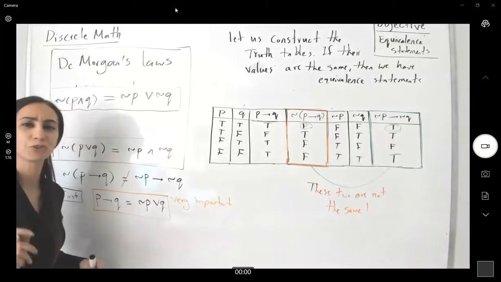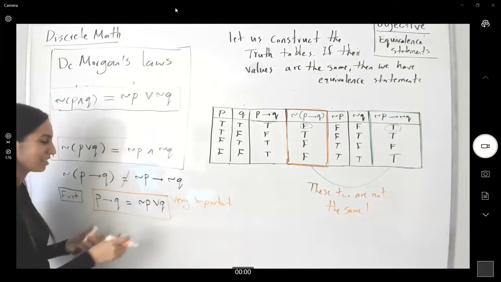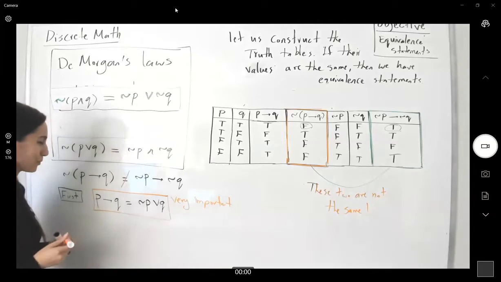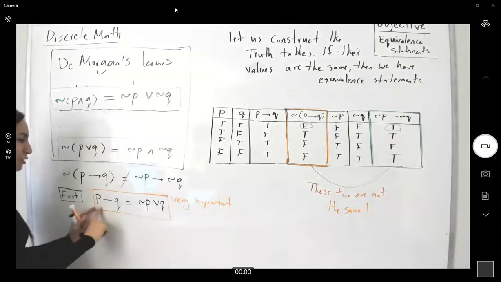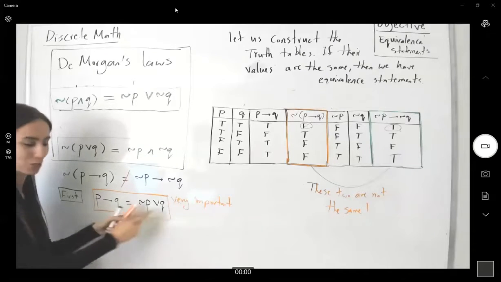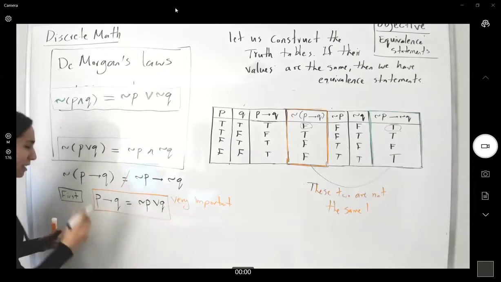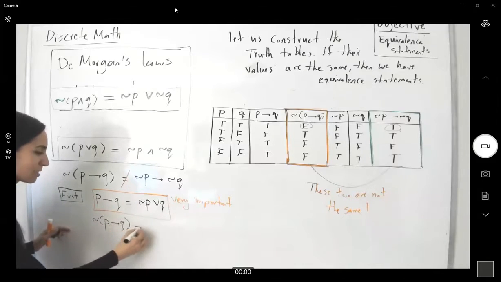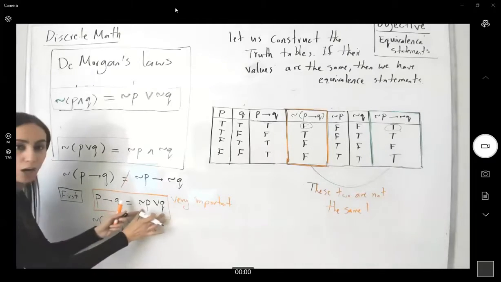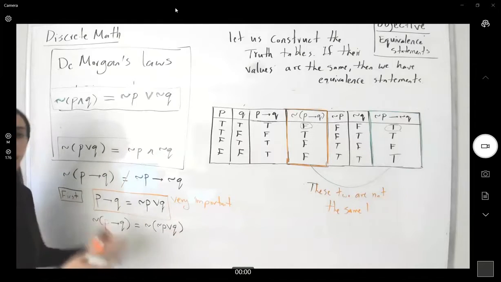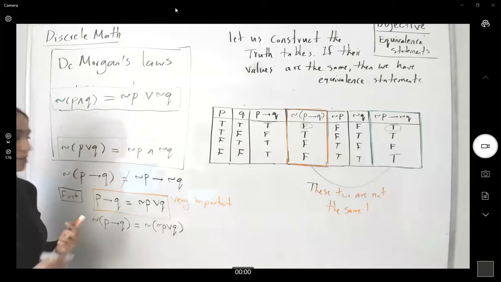You can construct the truth table and actually see we have the exact same truth values. Since you know that P then Q is equivalent to not P or Q, you can just negate this. The negation of P then Q is the same as the negation of not P or Q. We already learned about De Morgan's laws.